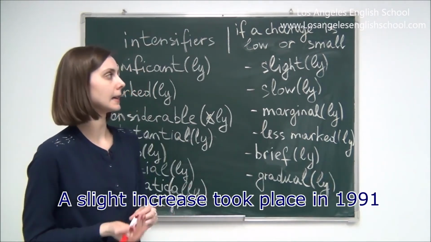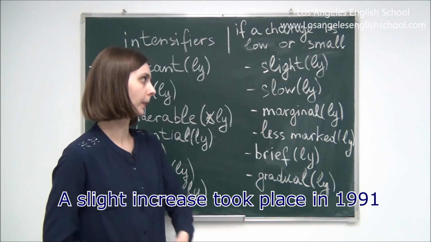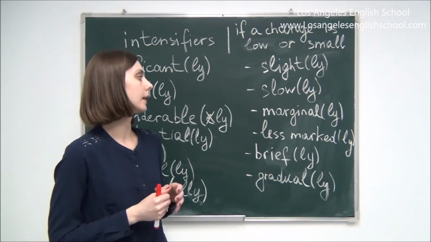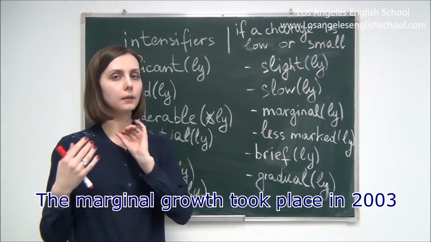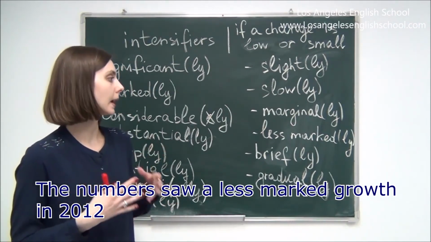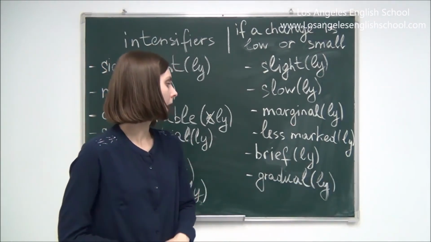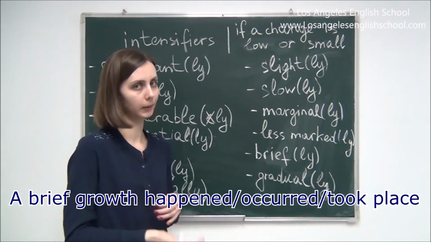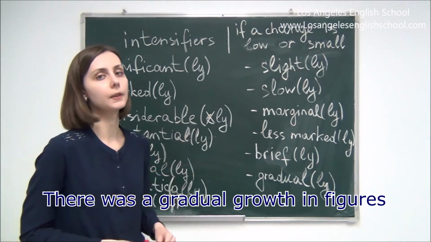For example, a slight increase took place in 1991, or there was a slow growth in numbers, or the marginal growth took place in 2003, or the numbers saw a less marked growth in 2012, or a brief growth happened or occurred or took place, or there was a gradual growth in figures.